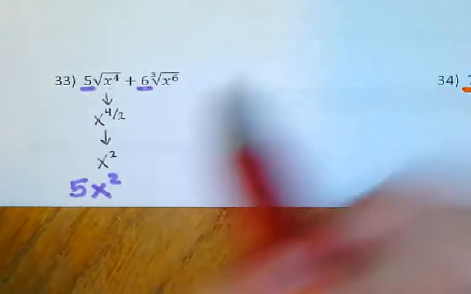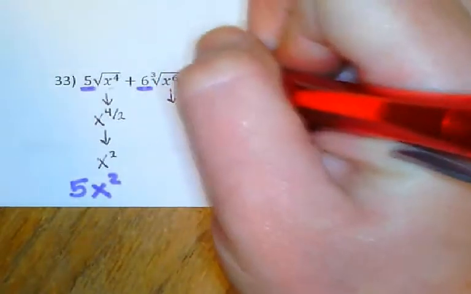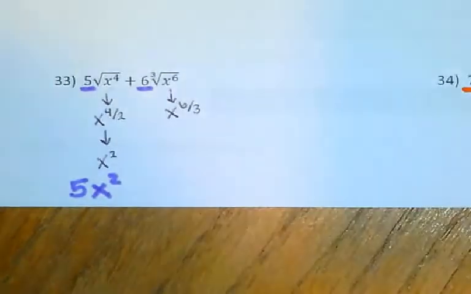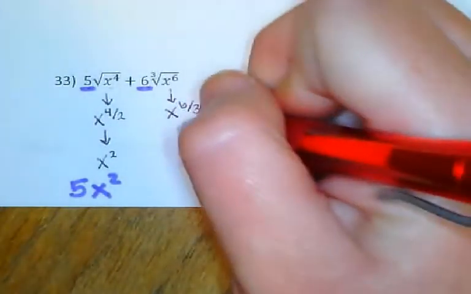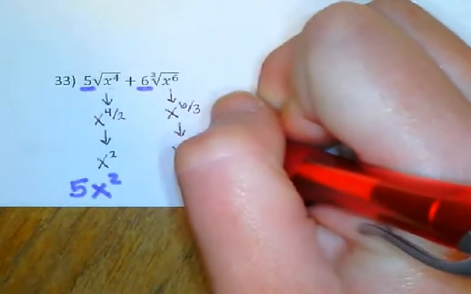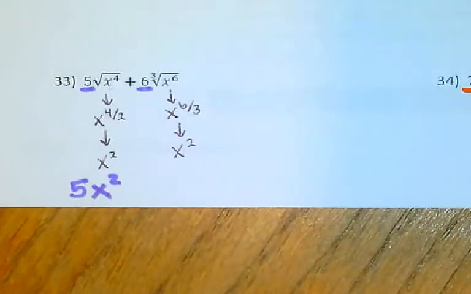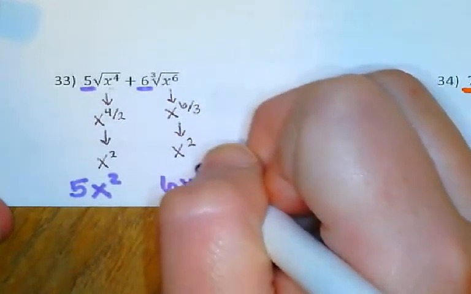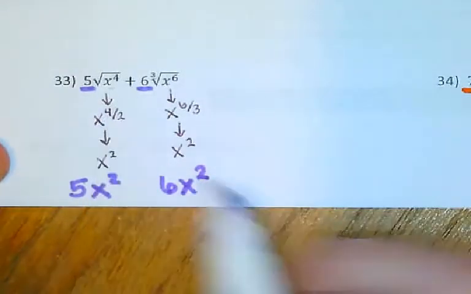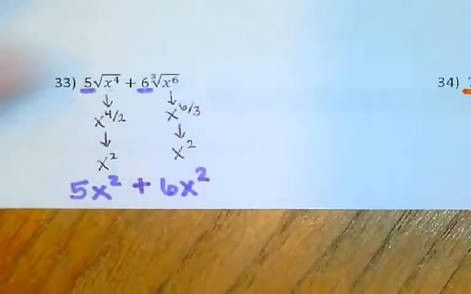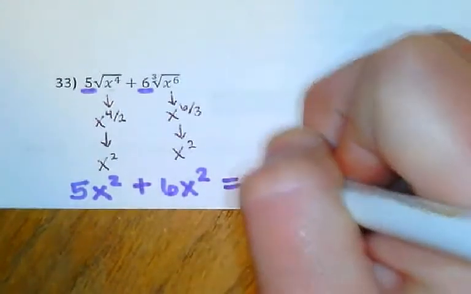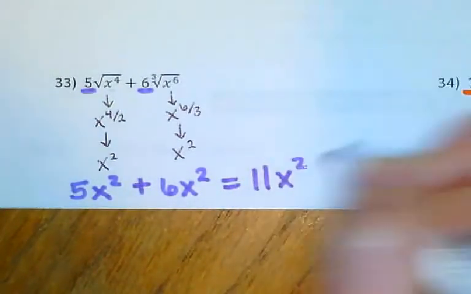And then if we try to break this down, this cubed root, x to the 6th, this is going to be x to the 6th over 3, because 3 is our root, our index. 6 divided by 3 is what? 2. There's no leftovers there. So that means this is really 6x squared. And then what sign is in between there? A plus sign. Are these like terms? Yeah, they are. So we're just taking 5x squared plus 6x squared, which is what? 11x squared.